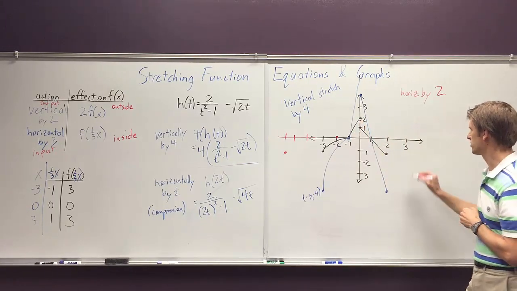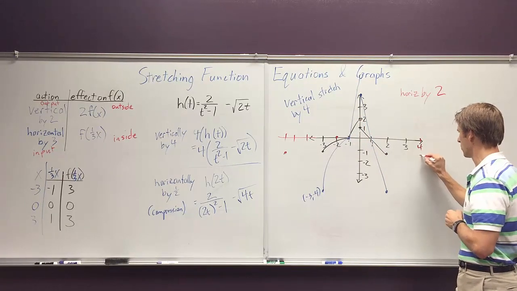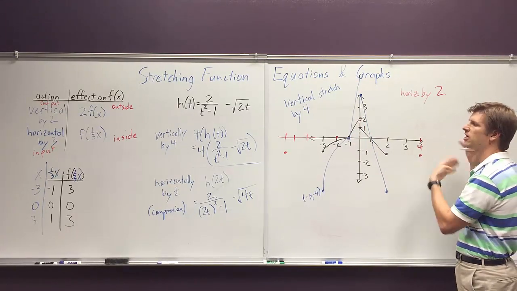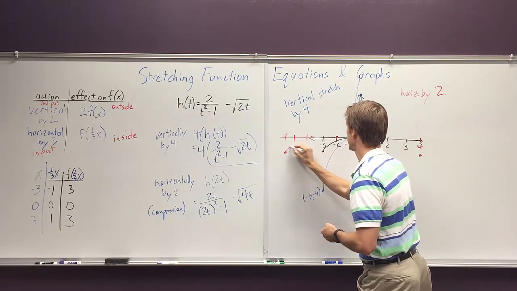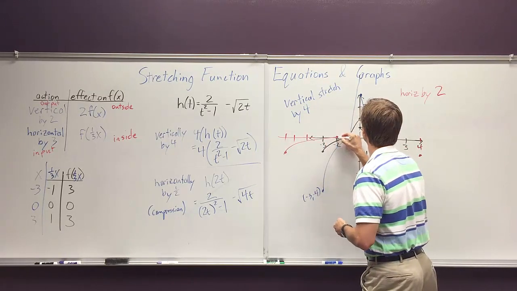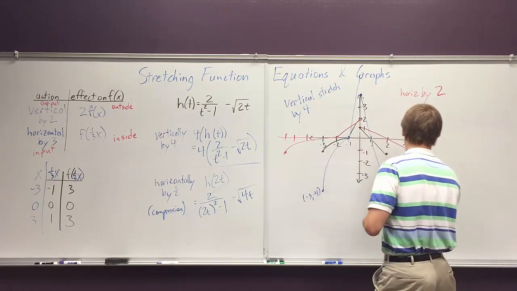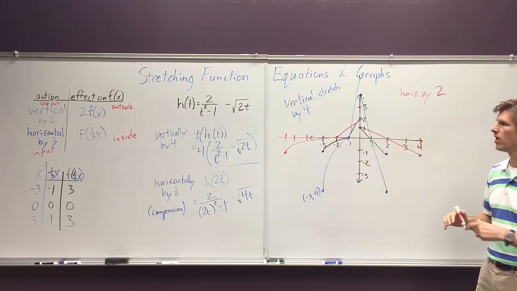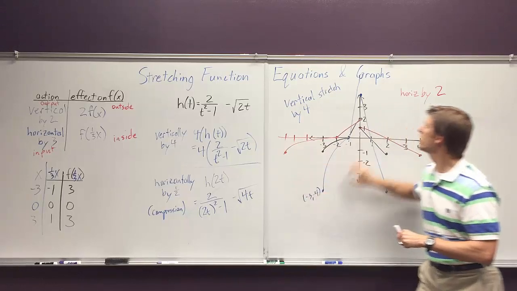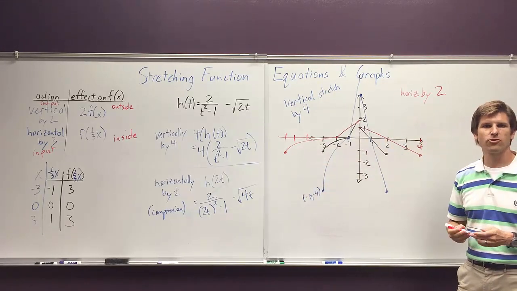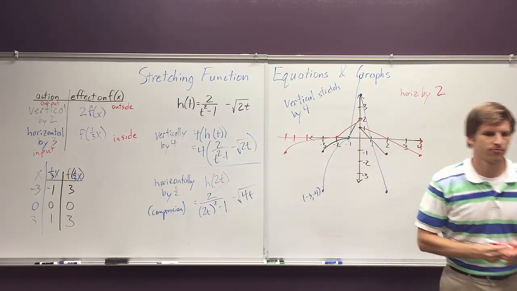Here the x-coordinate is 2, so it'll be out here at 4. So notice the outputs haven't changed, the inputs have though. So now you have a horizontal stretch, and that's what your graph looks like. So that's with the equation and with the graph how you're going to do stretching.